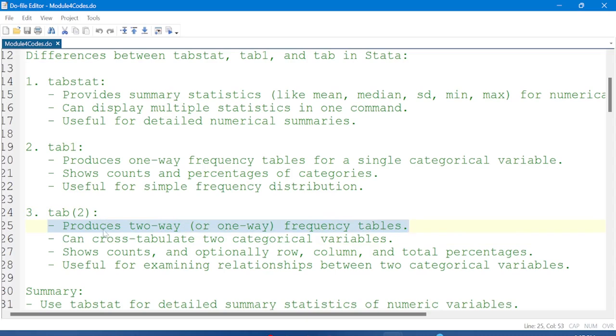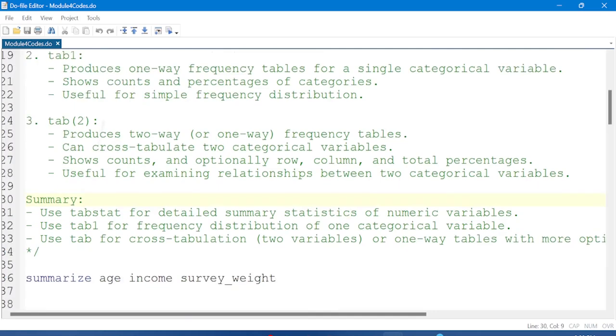So it can do both, and can cross-tabulate two categorical variables. It shows counts, and optionally it can also show row, column, and total percentages. It is useful for examining the relationship between two categorical variables.